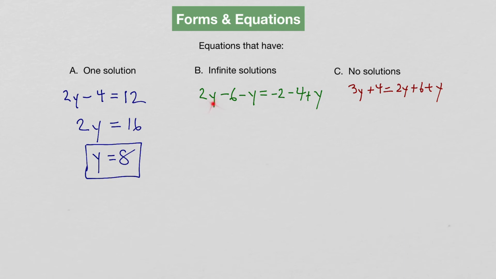So we're going to take 2y and subtract y, and we get y minus 6 is equal to, and now I'm going to combine the negative 2 and the negative 4, and we get negative 6 plus y. Now you'll notice that there's a y on the left side of the equation and a y on the right side of the equation. When you have that, you can cancel those out.